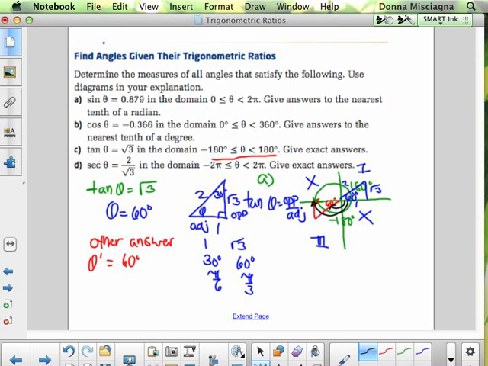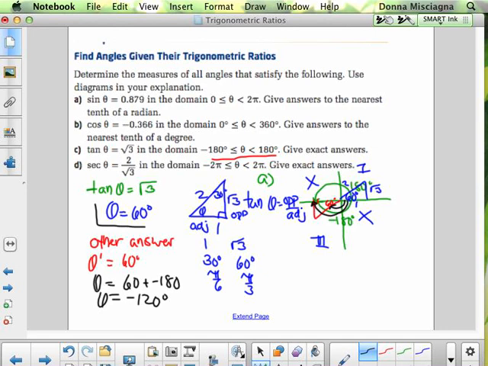But we're stopping 60 degrees away. So that means our principal angle is going to be 60 degrees plus the negative 180 that we're trying to go, but we're not. And so we're only going 120 degrees, negative 120. And that is our other answer.